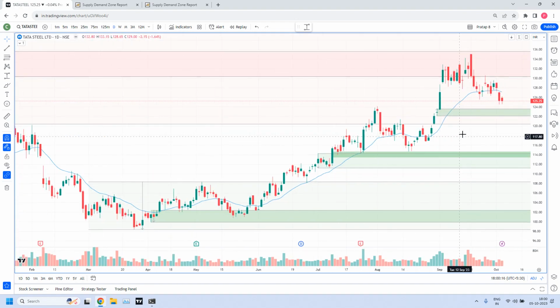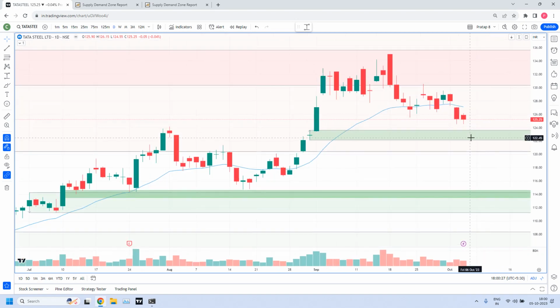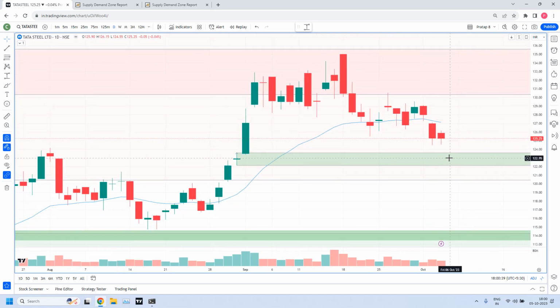So prices are coming down from supply zones, and also we are inside this monthly supply zone. When we are inside the monthly supply zone, you should probably understand whether it is safe to take a trade in this zone. But one thing you can do is go for an intraday trade.